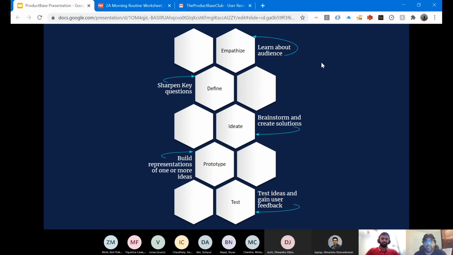Now, empathize, define, and ideate are great places to start, but you need to build it and take it to market. Prototype building is an important step because that's the world where you live in the MVP: a minimum viable product that stands on its own feet, that you can build representations on for these ideas that actually solve the problem.